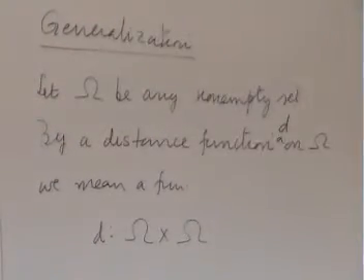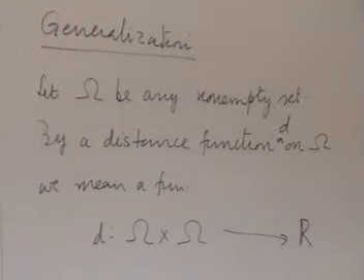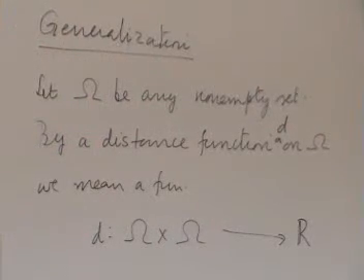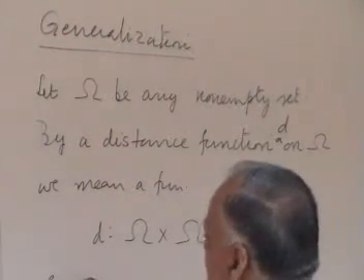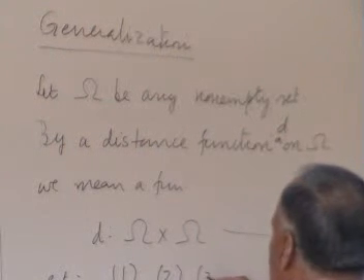So two points I have to take, and I get a number, such that 1, 2, 3 are satisfied.